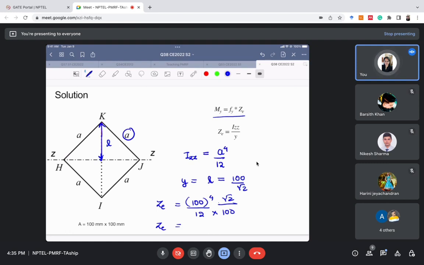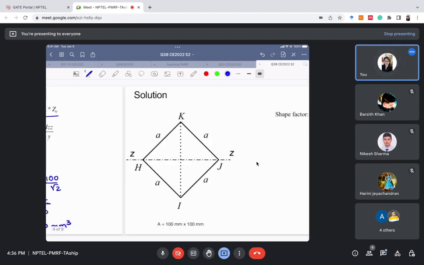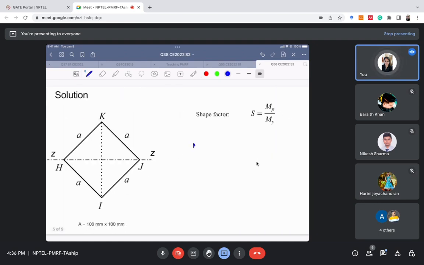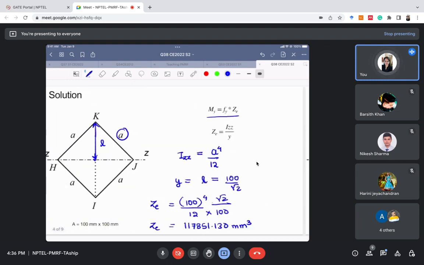So I'm getting the value of Ze as 117,851.130 mm cube. So we'll find the value of My as Fy into Ze.